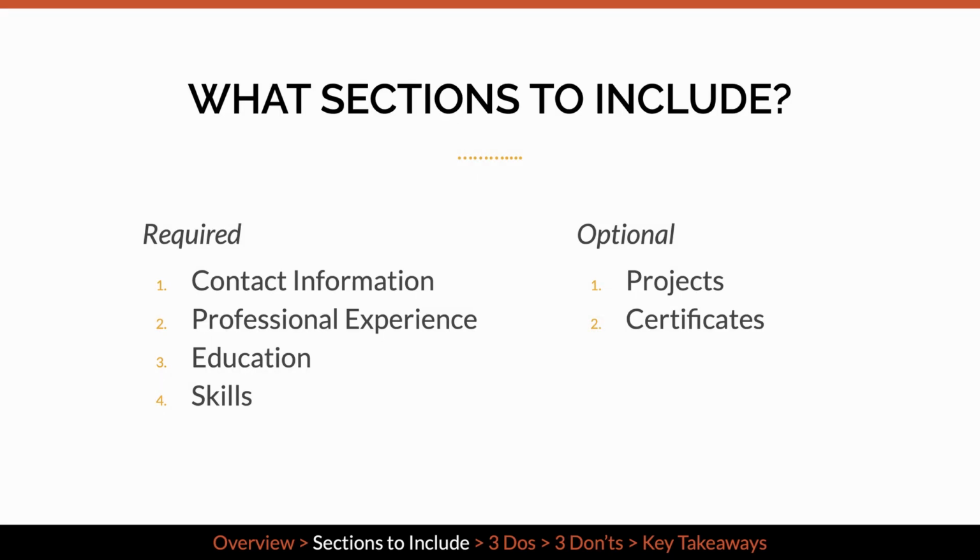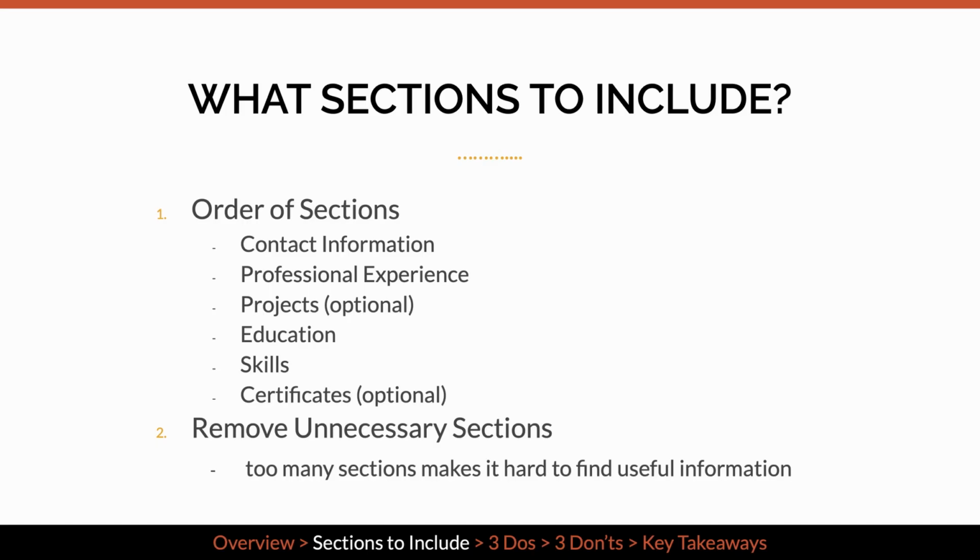There are 4 sections that are must-haves in a data science resume, which are contact information, professional experience, education, and skills. You may also consider projects and certificate sections if you don't have a lot of work experience. There are 2 things that you want to pay attention to when organizing your resume.